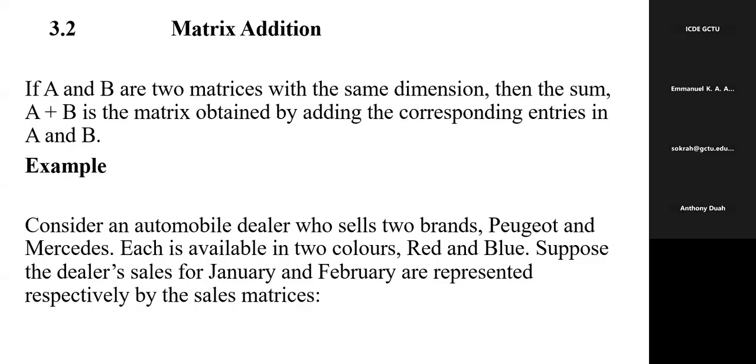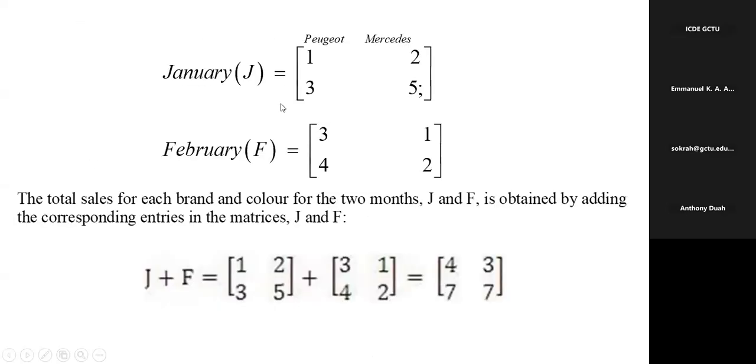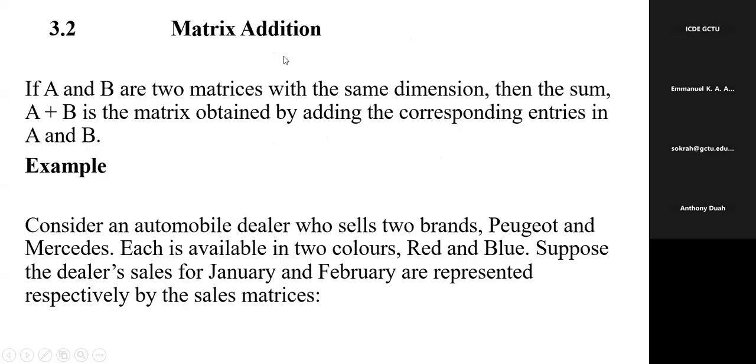Suppose the dealer's sales for January and February are represented respectively by the sales matrices. As you can see, so these are the sales matrices. January sales, Peugeot, Mercedes, red and blue.